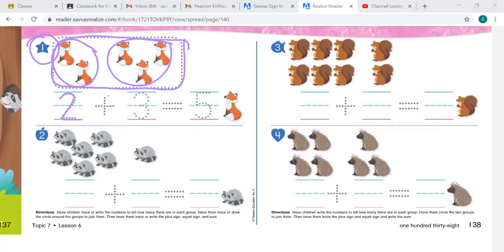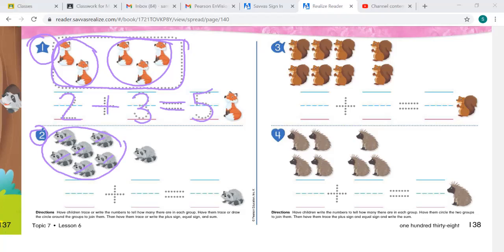2 plus 3 equals 5 foxes, right? All right, let's look at number 2. We have raccoons now. So we have one group of raccoons here. There are 1, 2, 3, 4, 5, 6.